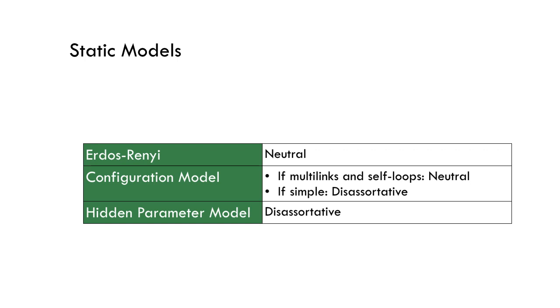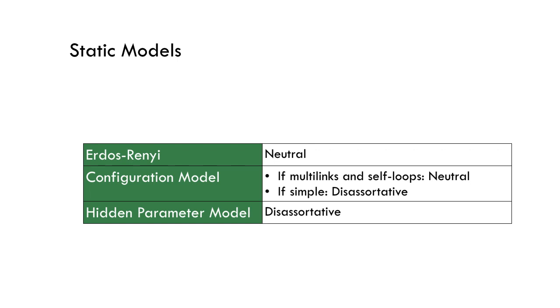And then for the hidden parameter model, similar to the configuration model, remember that it specifically prohibits and addresses this issue of multi-links and self-loops. This also generates a disassortative network, and again, this should make sense. If multi-links and self-loops are allowed, it makes sense that the network would be neutral, because there's nothing about node degree that dictates whether or not nodes are going to connect.